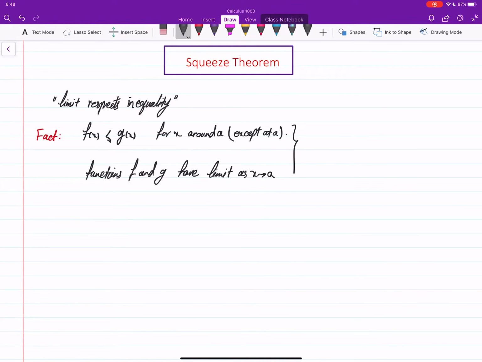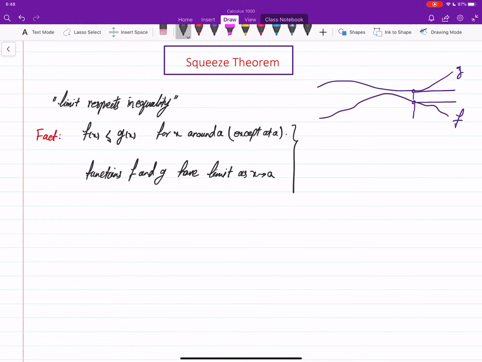So if a function is less than the other one, so if you have a function here, this is g, and another function f. If one of these functions is less than the other, then at any point around which you have this inequality, the limit of the lower function is going to be less than or equal to the limit of the upper function.